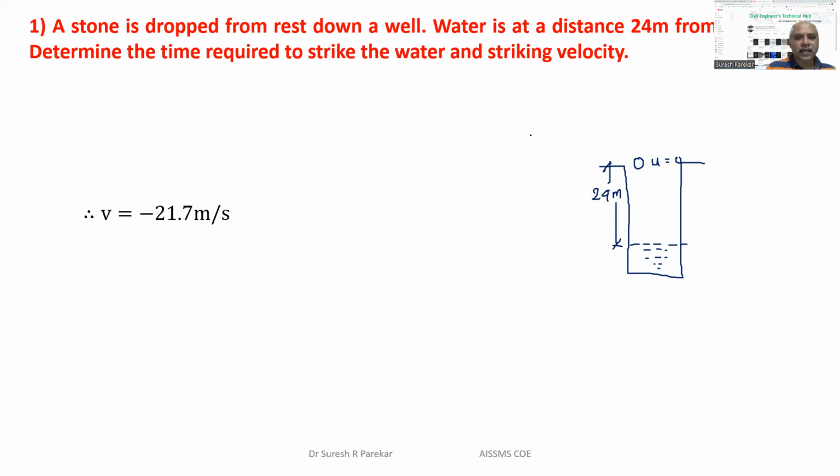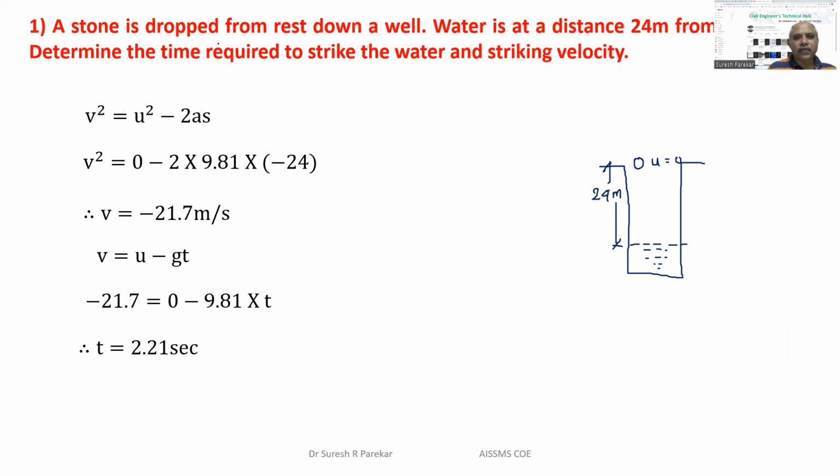Now you can see we have the equation V square equal to U square minus 2AS. Using this equation, we have to find V. U is given as 0. So we substitute V square equal to 0 minus 2 into 9.81.